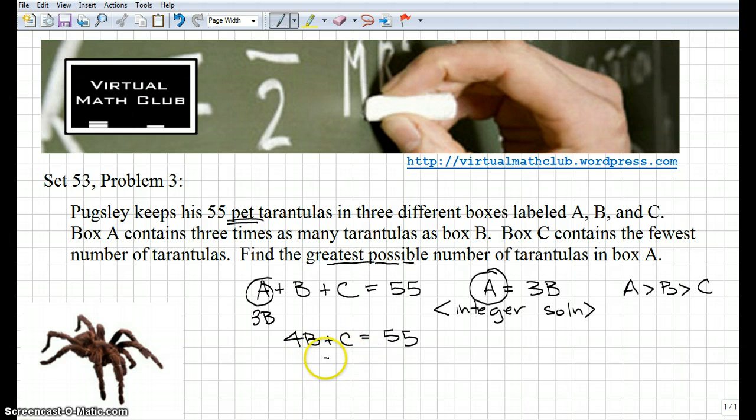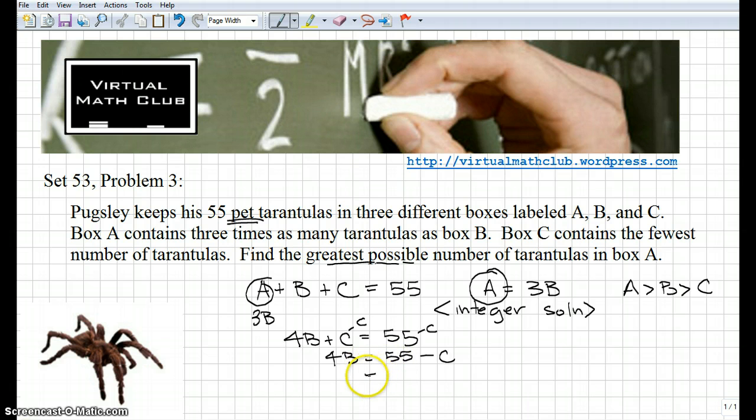So let's rearrange this equation a little bit. Let's say 4B is equal to 55 minus C. We're just subtracting C from both sides to get that. And so we have an integer times 4, and that's equal to 55 minus C. So let's take a look at this in terms of multiples of 4.